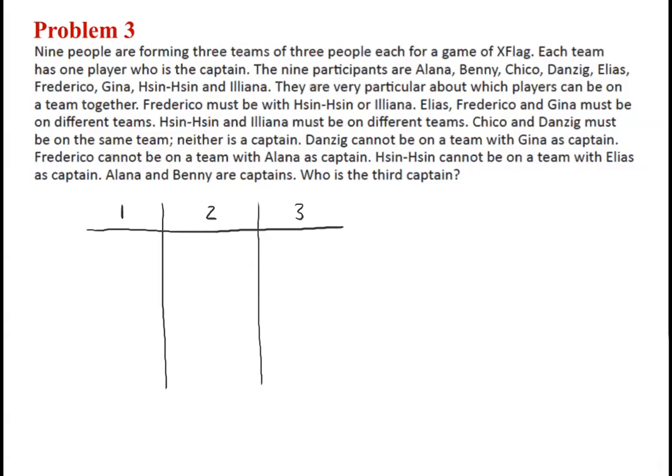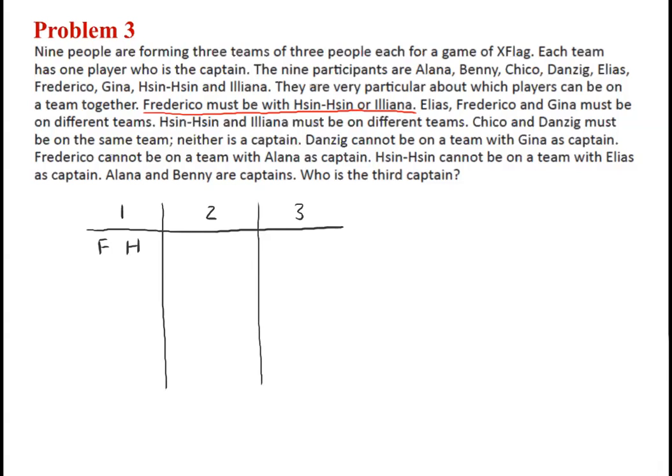So first condition is that Frederico must be with Shinshin or Ileana. Let's just say that Frederico is on team 1, and that means, well, let's just say that Shinshin is also with Frederico.